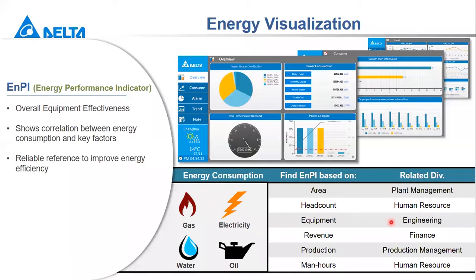And engineering might focus on the equipment. And finance, of course, focuses on the revenue. Revenue needs to link to the production. And product management will focus on productivity and quality. So all of this is what we call the energy performance indicator, which can help each of these different divisions to make decisions.